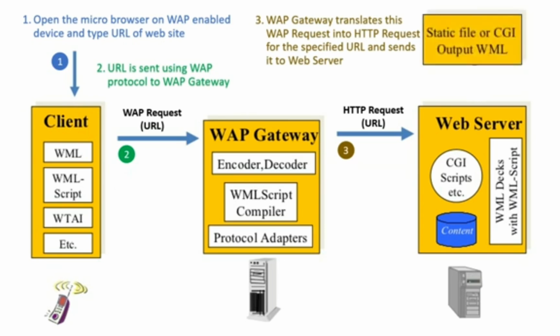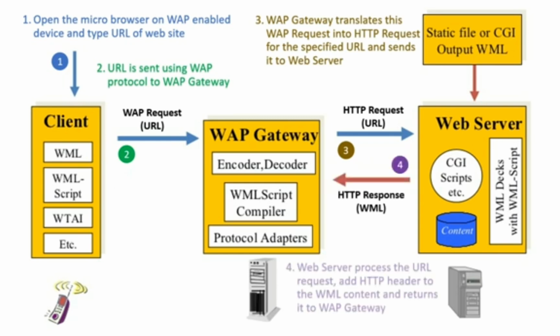Finally, the web server searches for the corresponding static file or CGI, and that file must be returned to the WAP gateway. The server sends this file to the WAP gateway as an HTTP response, because the web server processes the URL request and adds some additional data, that is the HTTP header, to the WML content, and returns the entire result to the WAP gateway.